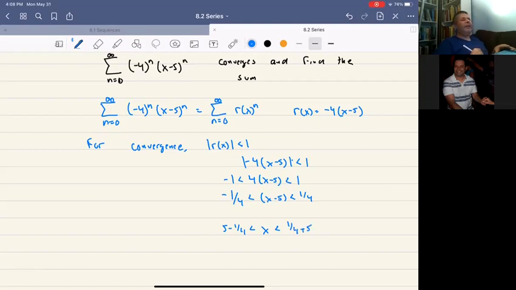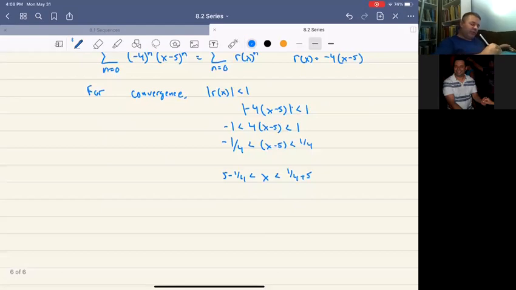So what do we get? We get 5 minus 1/4 is 19 over 4 to 21 over 4. Okay, this is called an interval of convergence.